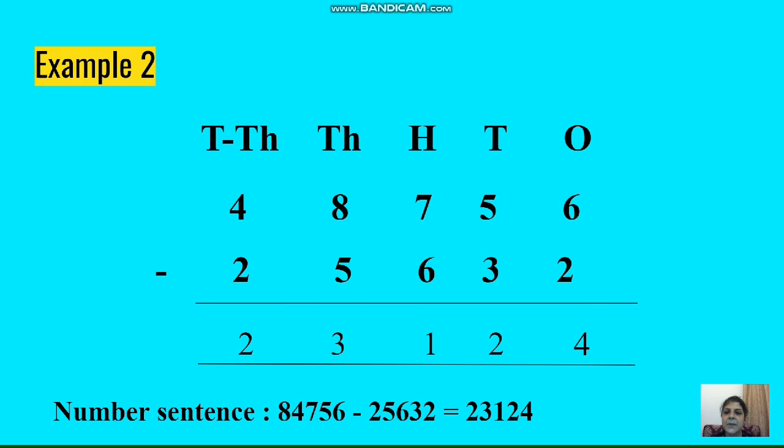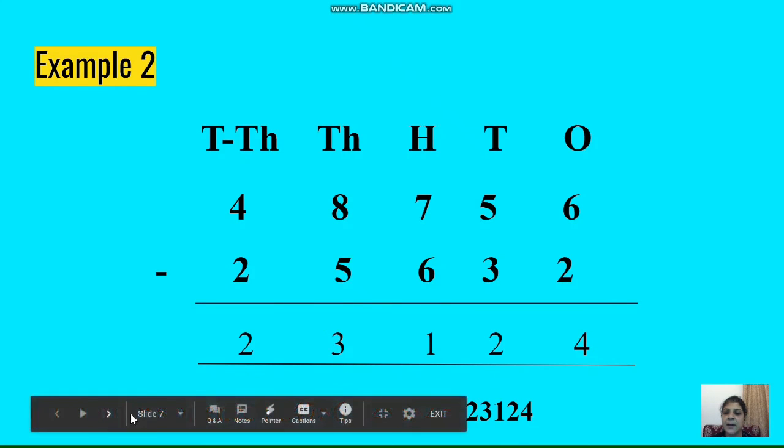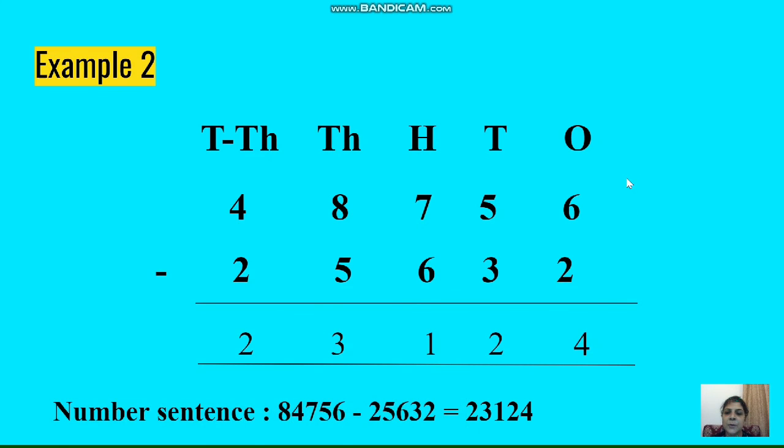Now children, often it is said to write the number sentence. The number sentence, as you can see I have written here, clearly tells you how we have to write it in equation form. So the number sentence here is 84,756 minus 25,632 equals 23,124.